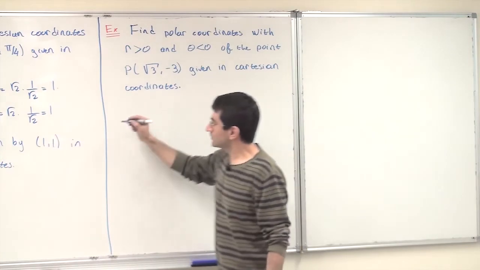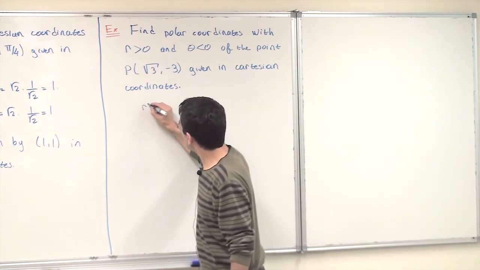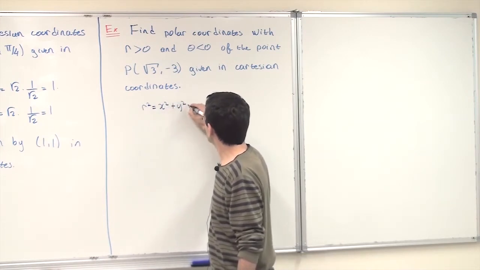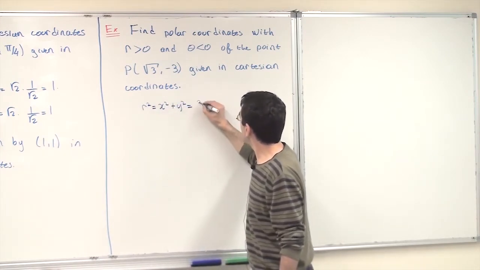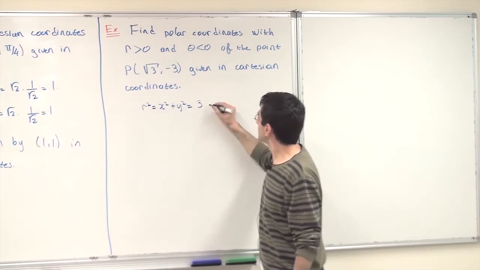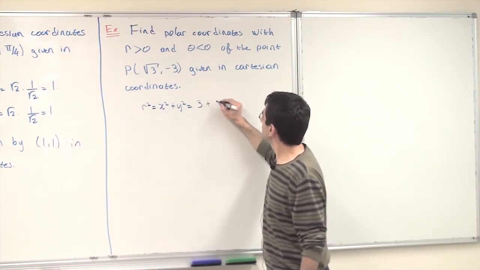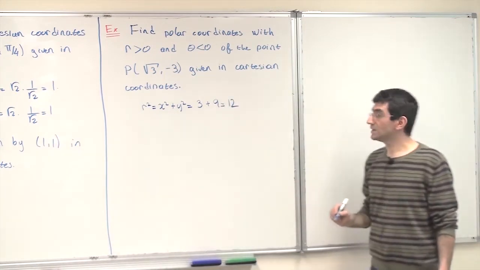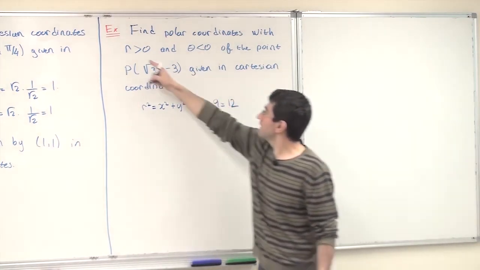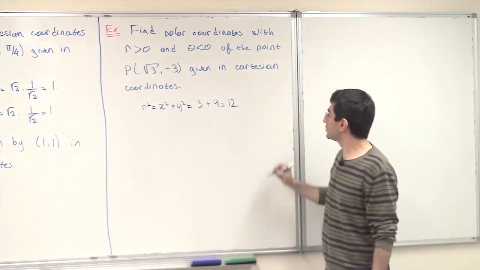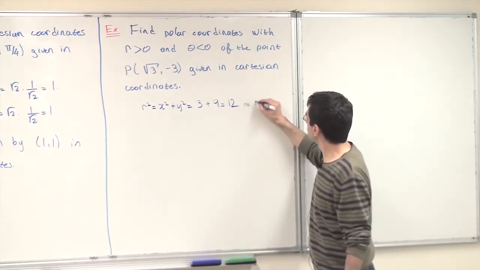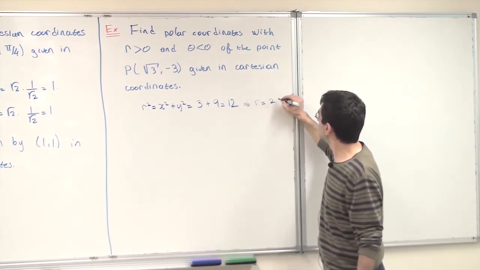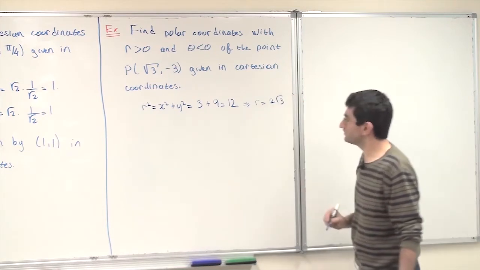So from the relations, we have r squared equals x squared plus y squared. So then we find square root of 3 squared is 3 plus negative 3 squared, which is 9. So we find r squared to be 12. Then we know that we are looking for a positive r. So we solve this equation for r and we find that r is equal to 2 square root of 3.